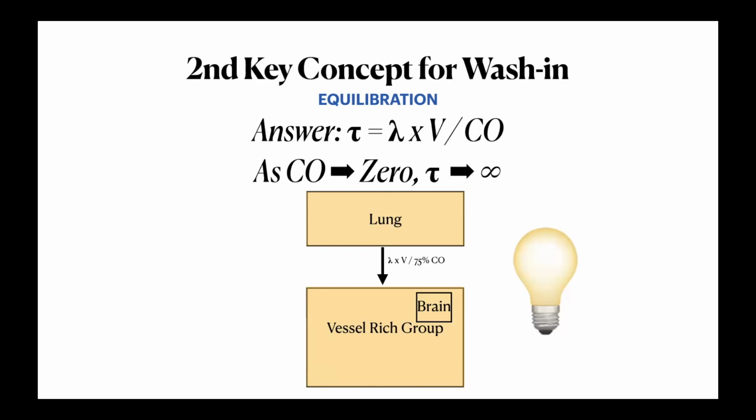In other words, if you had an extremely low cardiac output, so hypothetically, 1% of what's normal, you are never going to reach equilibration between your lung and vessel-rich group. In other words, even though your alveolar pressure in your lung may be reading 2% of sevoflurane, that is not going to be representative of what's happening in the brain. Okay, and that's a really, really important concept I want you guys to take home.